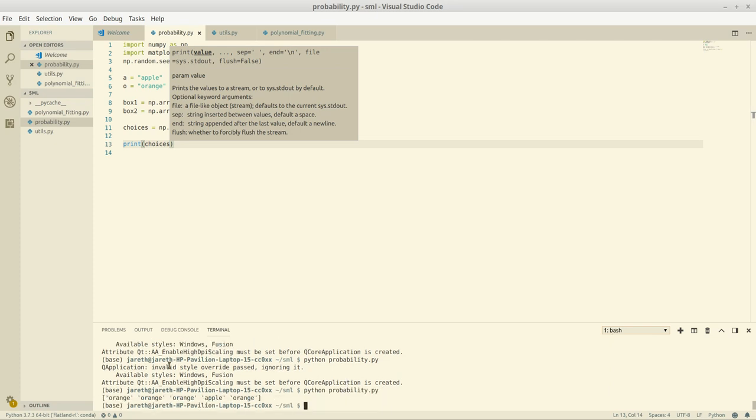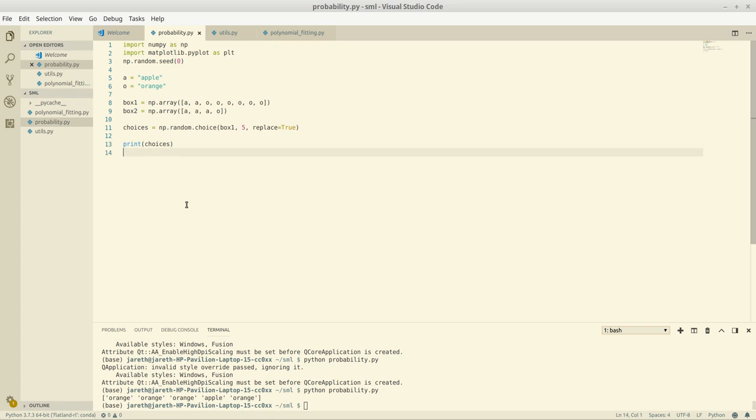Here our choices we get orange, orange, orange, apple, and orange. So we get an orange 4 times and apple 1 time. Based on just this event, if someone asks you what's the probability of choosing an apple, you'd say it's 1/5, like 20%, and orange is 80%.